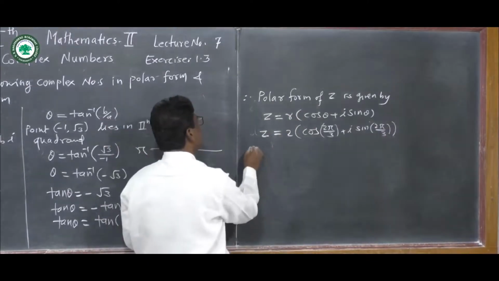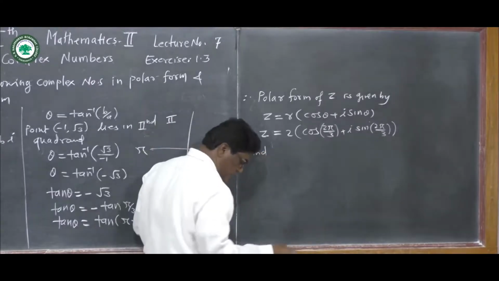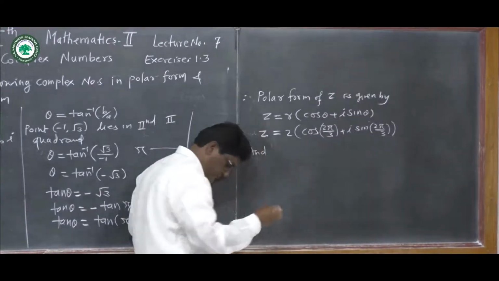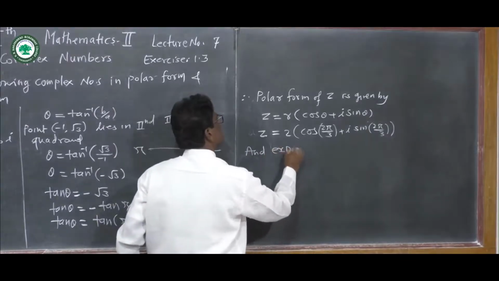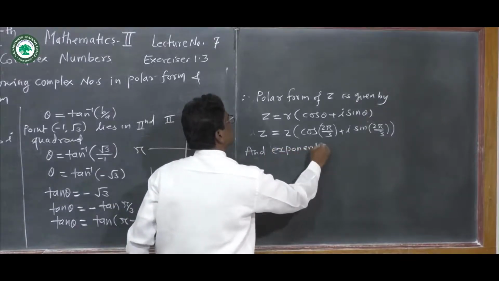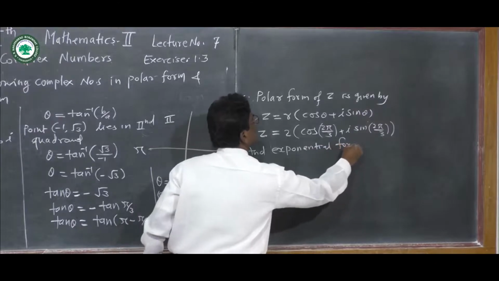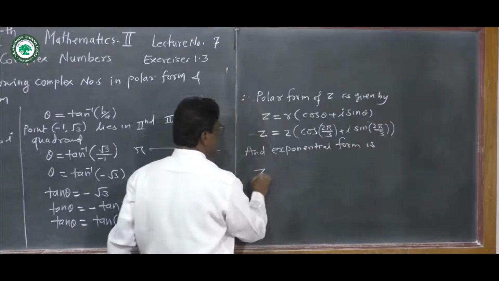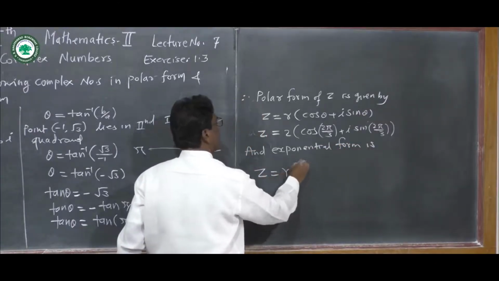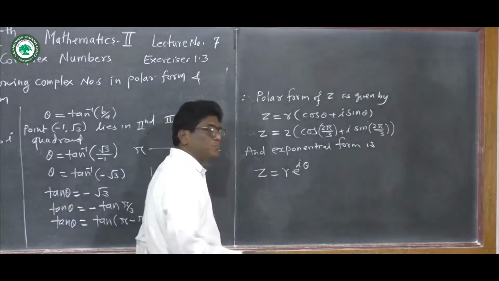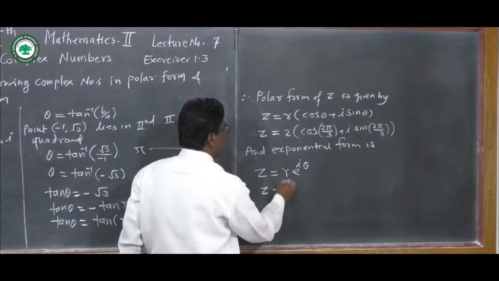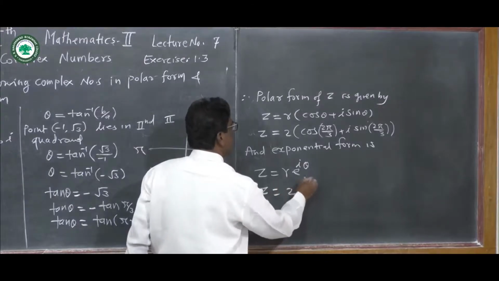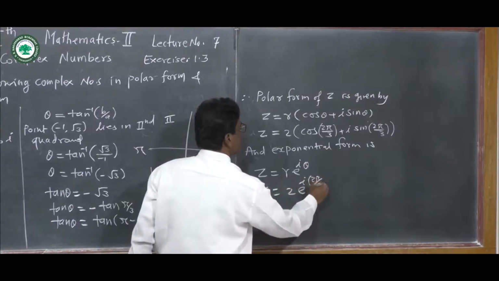And the exponential form is Z is equal to r into e to the power i theta. Put the value of r and theta only. So Z is equal to r is 2, e to the power i, theta is 2 pi by 3.